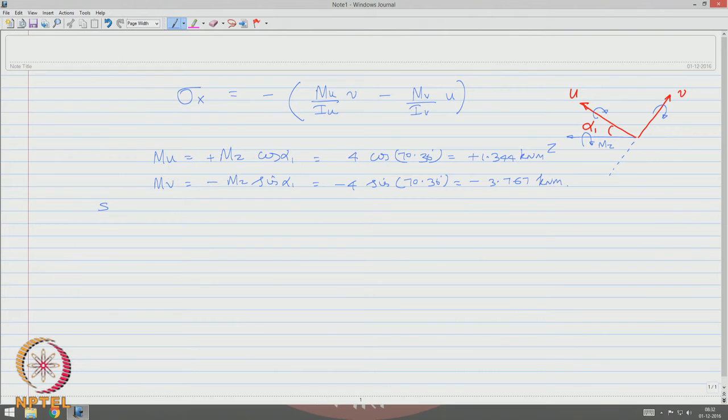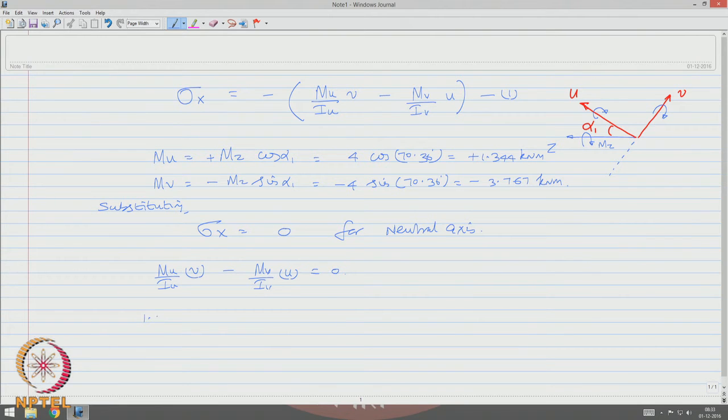So, substituting, sigma x will be set to 0 for locating the neutral axis, because on the neutral axis the stress value is going to be 0. So, setting equation 1 to 0, we can say Mu by Iu into v minus Mv by Iv into u is set to 0.